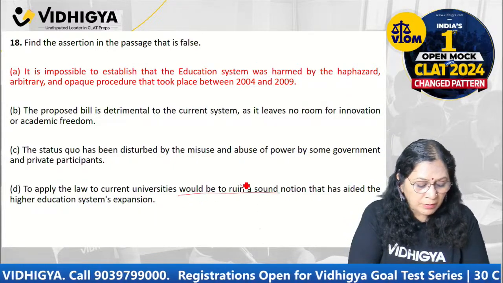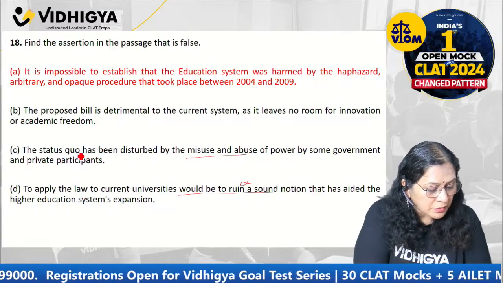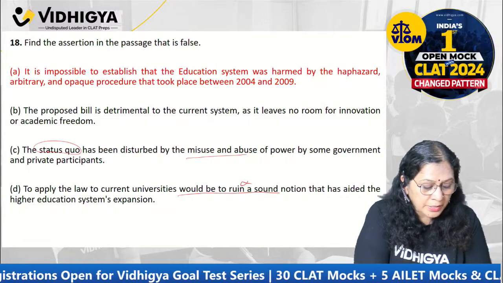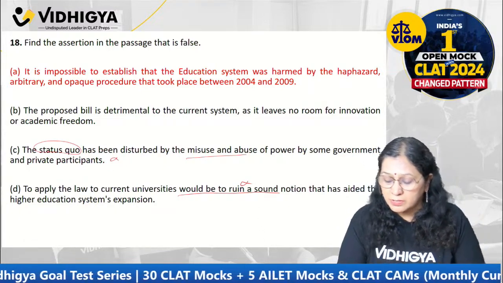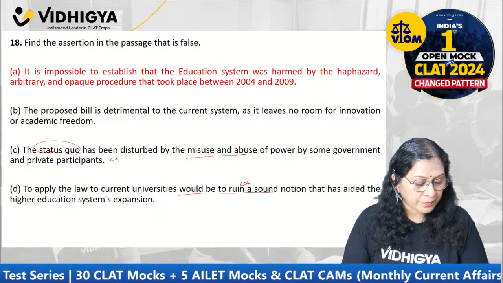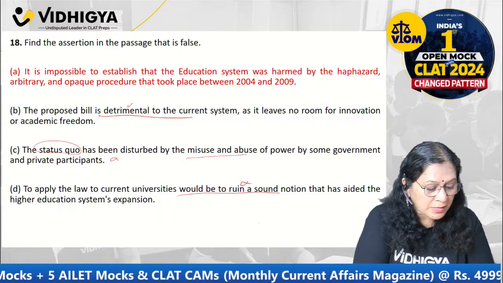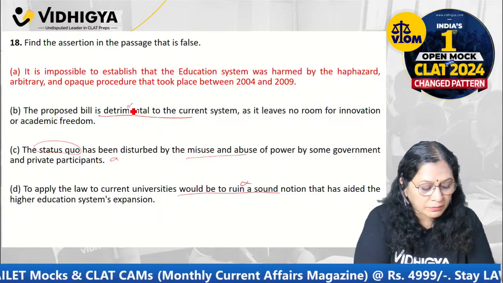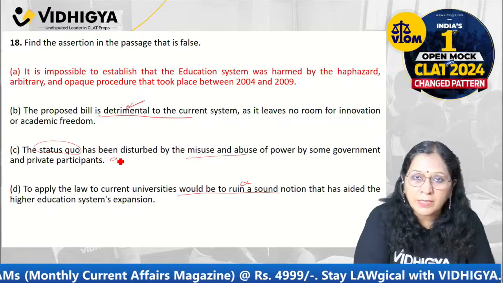Would be a ruin को हम आउट कर देंगे. Misuse and abuse of power, status quo has been disturbed. Status quo नहीं था, ठीक है. So it is like using a few words but in a different frame of sentence. Detrimental, proposed bill is detrimental, जरूरी नहीं है, मतलब सही है, ठीक है. ये गलत है, this cannot be the answer.